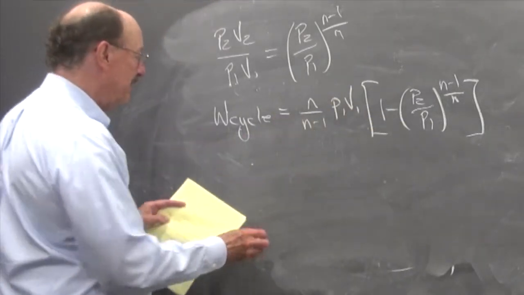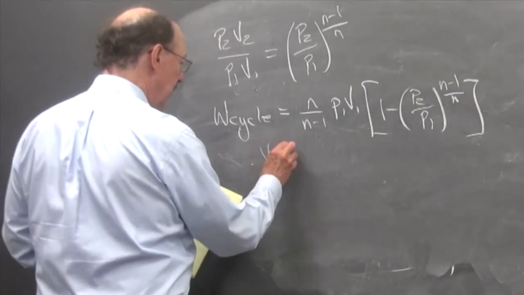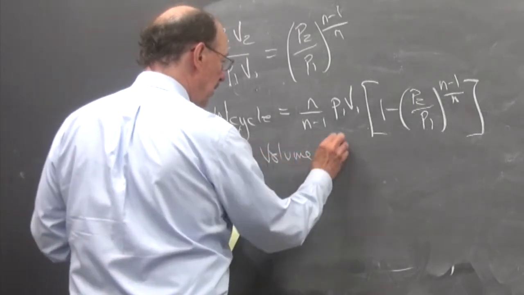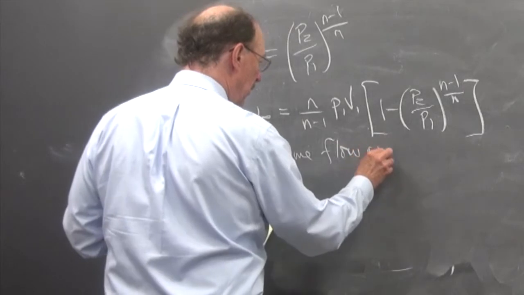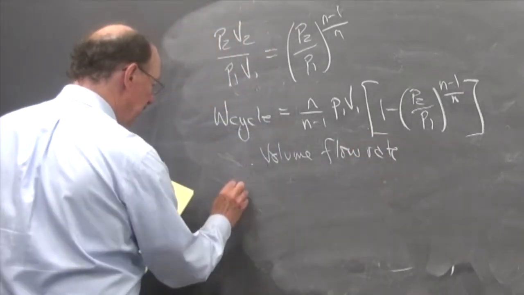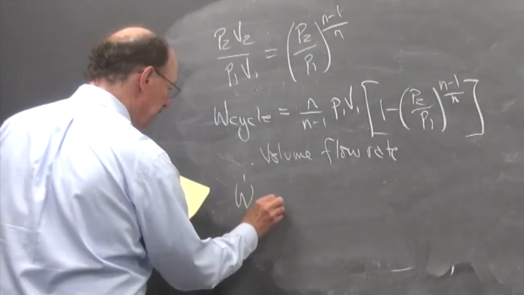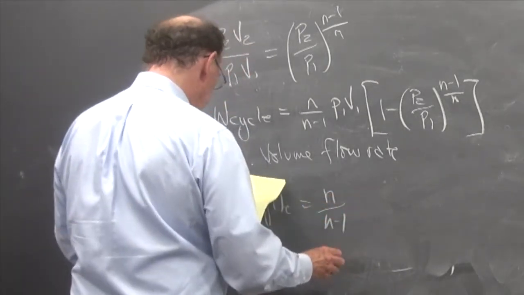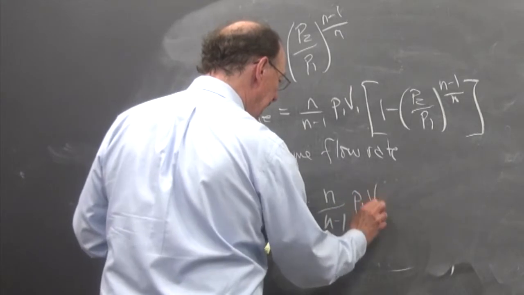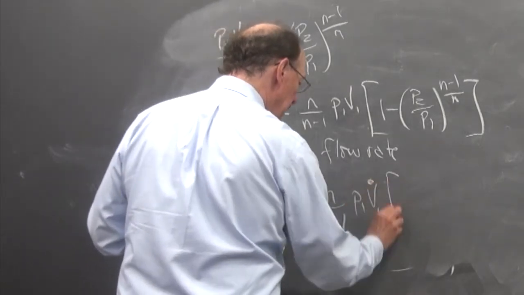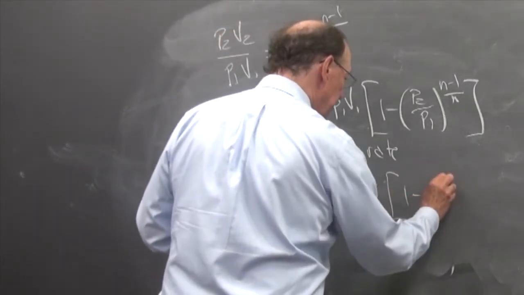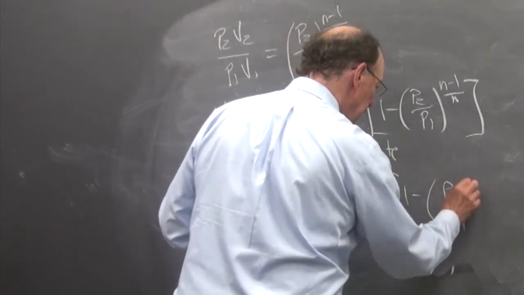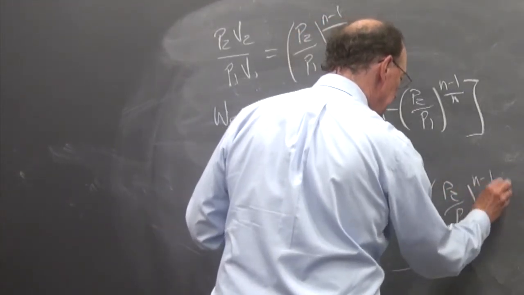If I have a volume flow rate, I'll rewrite it. We have W dot cycles, so now with a volume flow rate it is n over n minus 1 times P1 V1 dot times 1 minus P2 over P1 to the n minus 1 over n.